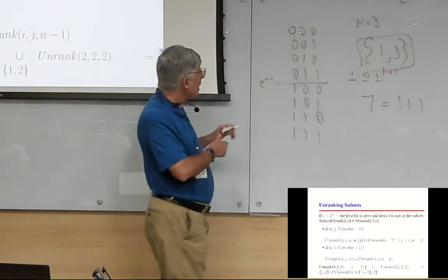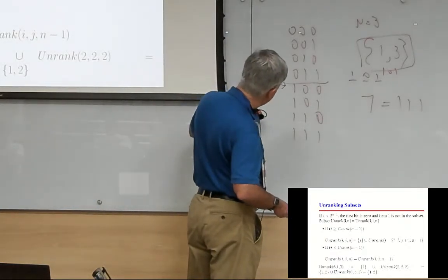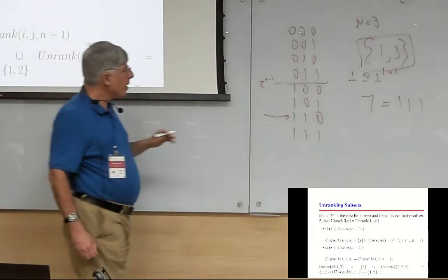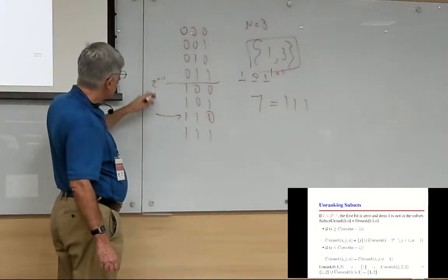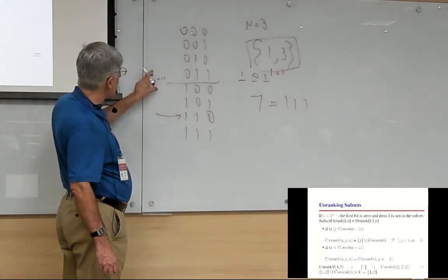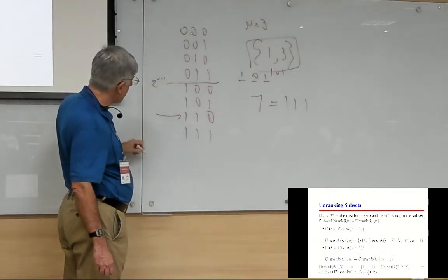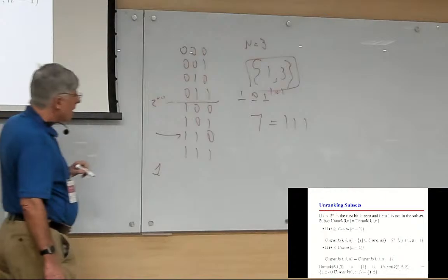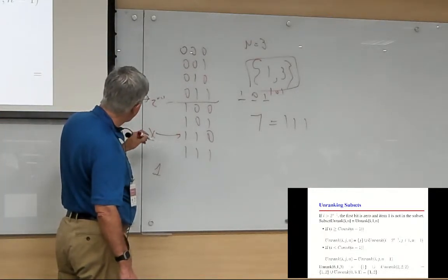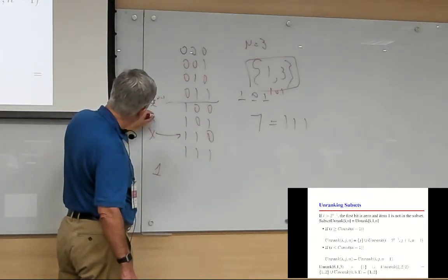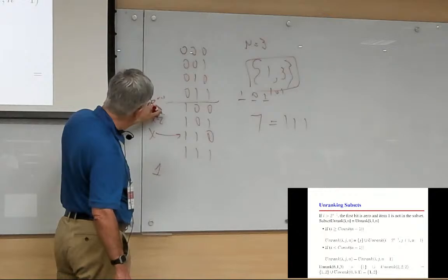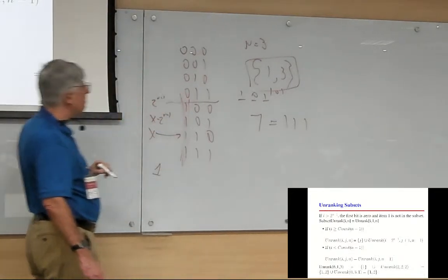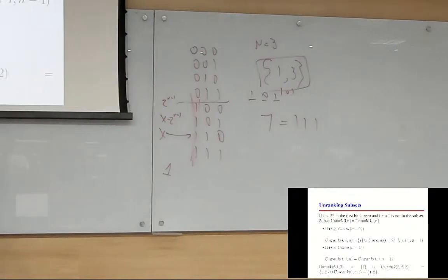And if we now, let's say we want to unrank this number, okay, what do we know? We know that this number is greater than 2 to the n minus 1, so it's got to have element 1 in that subset. But if we now take this number x and make it x minus 2 to the n minus 1, does everybody see I've kind of masked off the first bit?